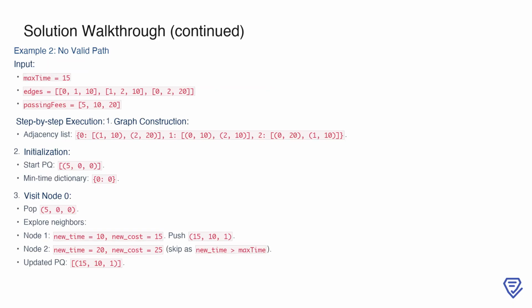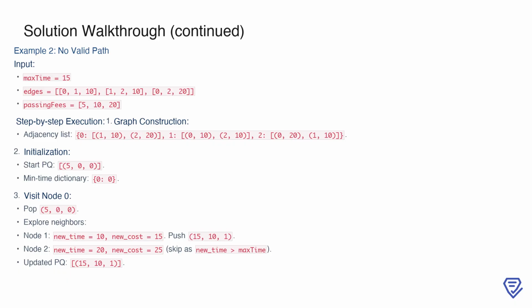Now, consider a case where no valid path exists. Here, the maximum allowed time is 15, and the graph structure remains the same. We start by constructing the adjacency list, which shows the connections and travel times between nodes. After this, we initialize the priority queue with node 0: 5, 0, 0, and set up the min_time dictionary with 0: 0.